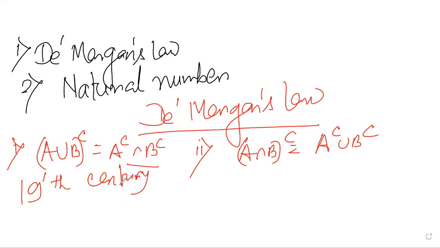So now the question is how to visualize this. In the previous lecture, we saw that to visualize any kind of set operation, the main equipment is exactly the Venn diagram. So we will use Venn diagram to visualize this De Morgan's law also. So let me draw.